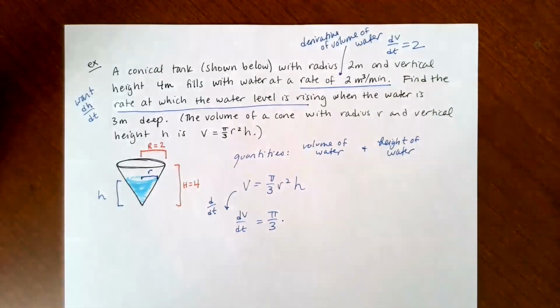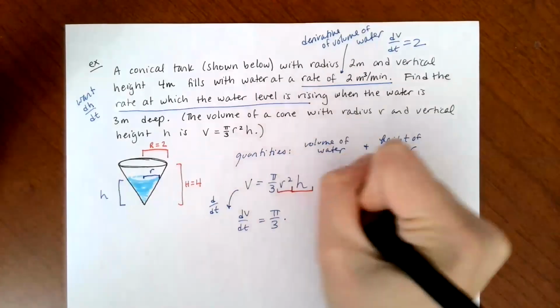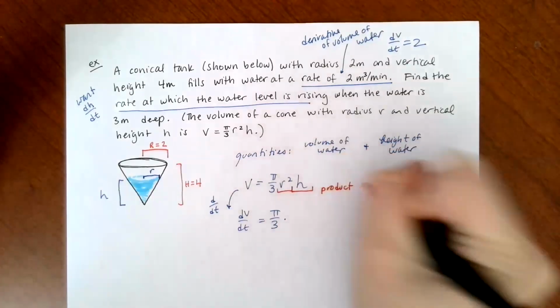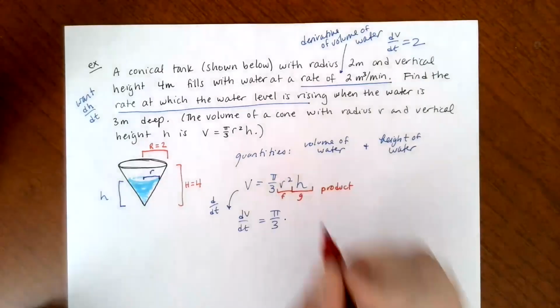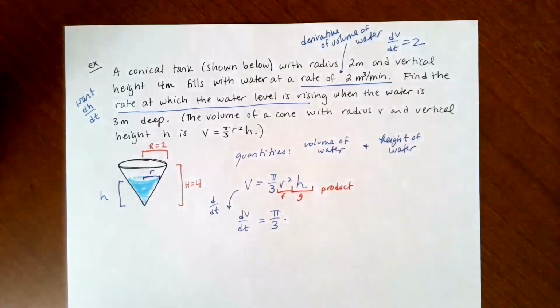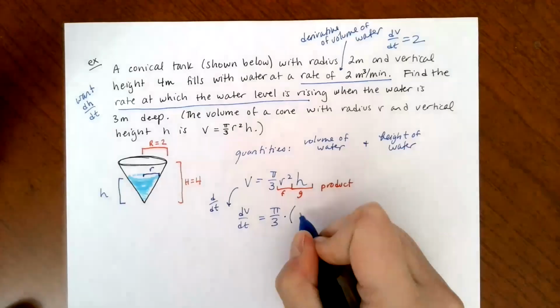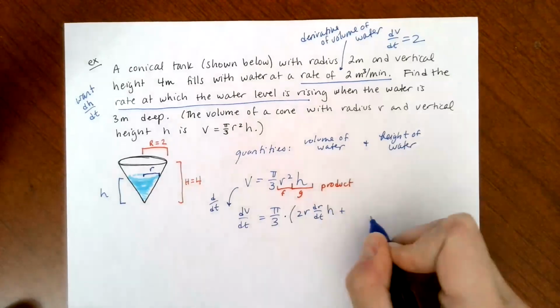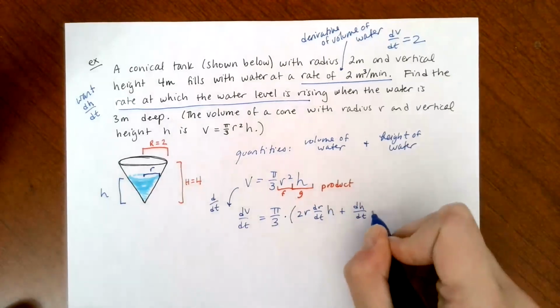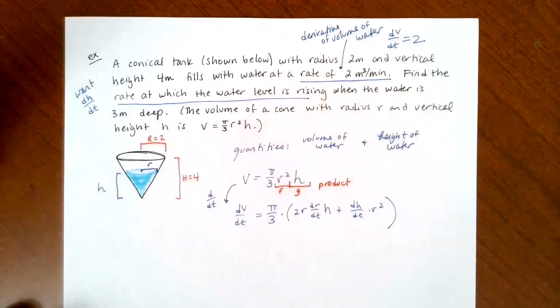And then for r squared and h, these are both separate functions, so I'm going to do the product rule here, with this f and this g: f prime g plus g prime f, where the r and the h are both getting the implicit treatment.